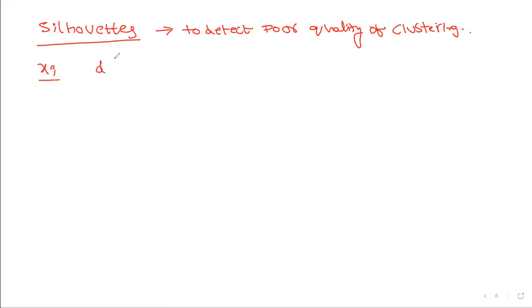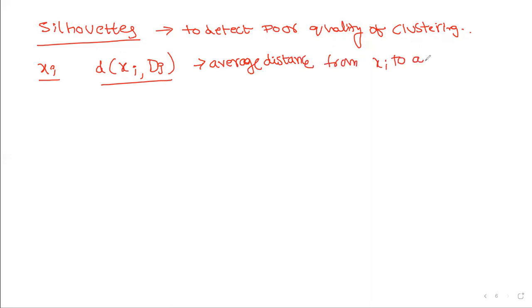Now, d of xi comma dj, what is the notation? D of xi comma dj is simply the average distance from xi to all the points of cluster dj. We already know dj means cluster dj.